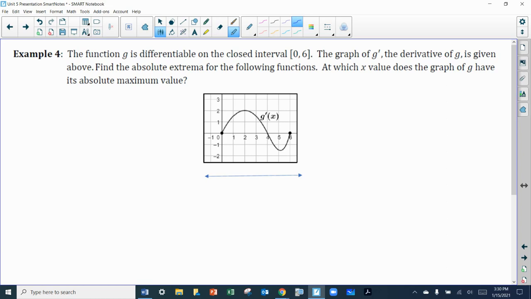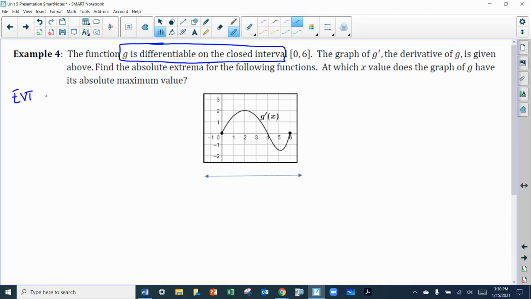In this case, we're given the function g is differentiable on the closed interval 0 to 6. So is my function continuous on a closed interval? Yes.